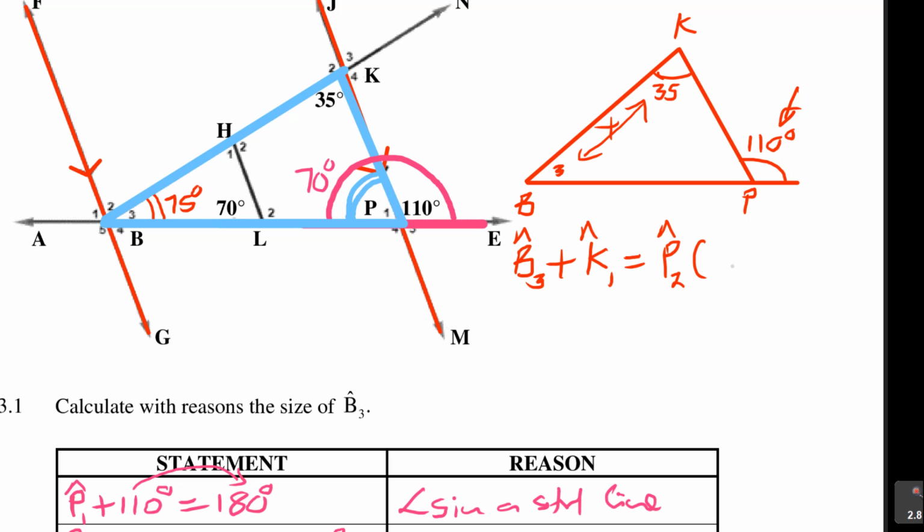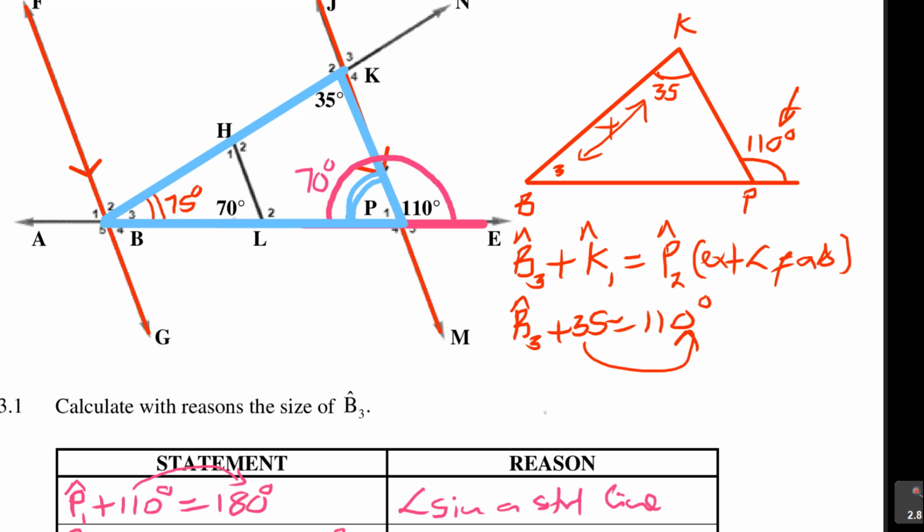And then what's the reason? Exterior angle of a triangle. The exterior angle of a triangle is equal to the sum of the opposite interior angles. Meaning, if I take B3, which I want to find, plus 35, it must give me what? 110. That is the best way you could have done it.